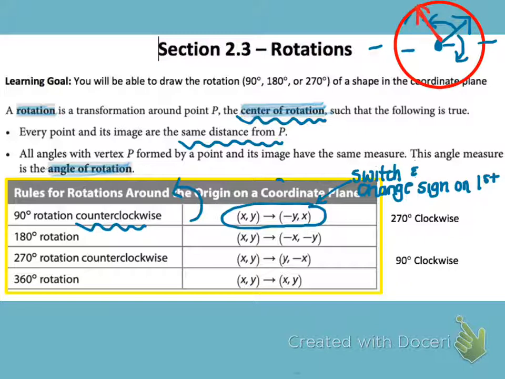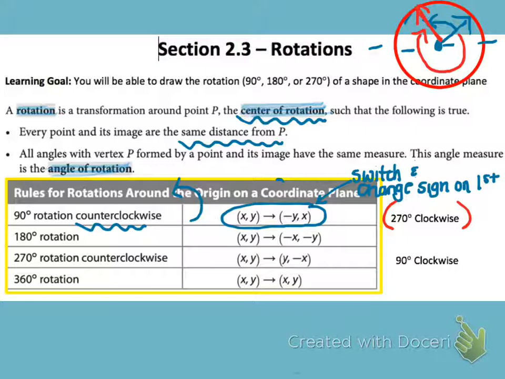Then I would get there going 90 degrees counterclockwise, but I could also get there by going clockwise 270 degrees. So that rule will not only rotate counterclockwise 90, it's the same as going 270 clockwise as well. That's why we've added that here next to it. That gets you to the same spot.